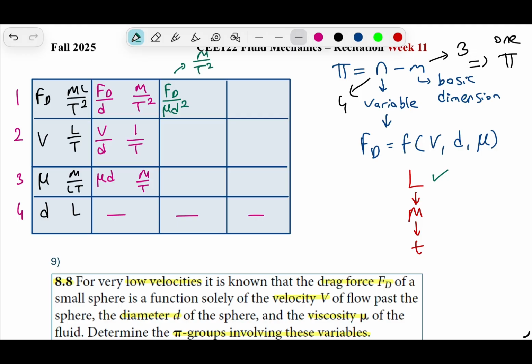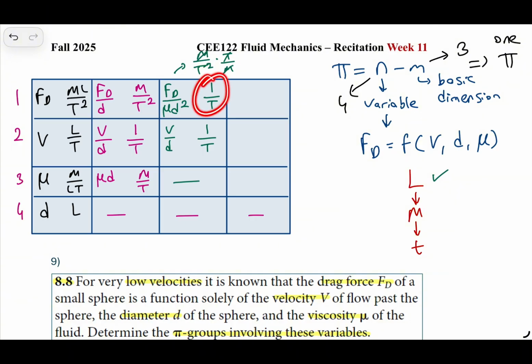We have m over t squared, and we divide it by t over m over t, so it makes t over m, so that we will have 1 over t. And we have another 1 over t, and this is already cancelled out. So here we have same units, like 1 over t and 1 over t.